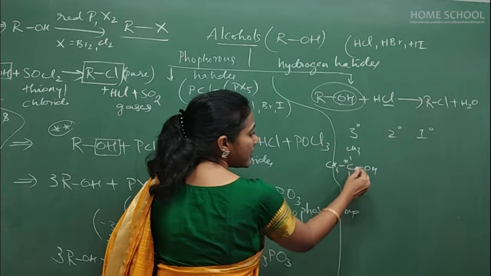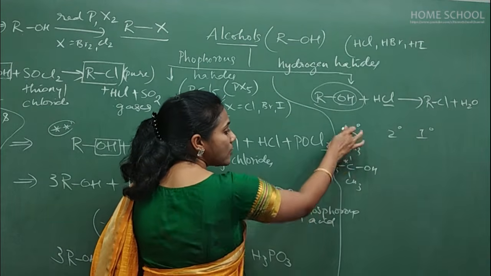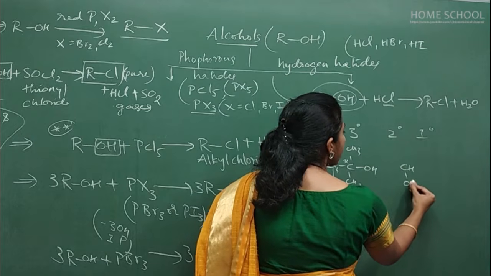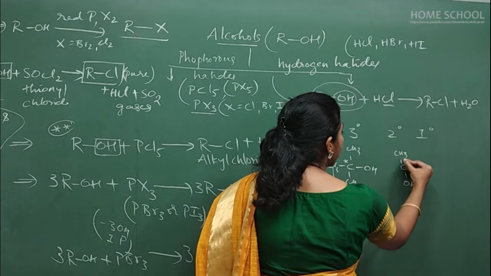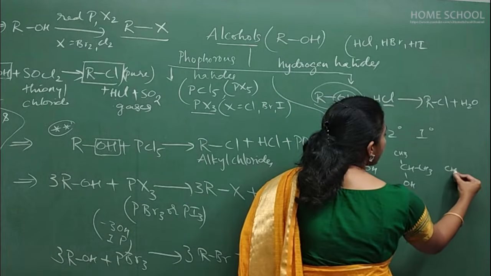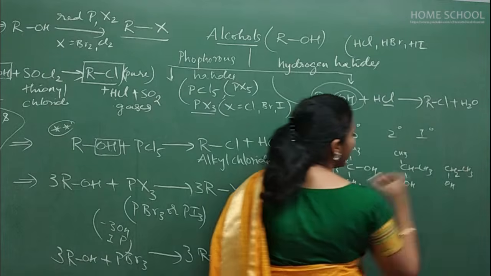So this carbon is a tertiary carbon, right? So OH attached to tertiary carbon is called tertiary alcohol. OH attached to secondary carbon is called secondary alcohol. OH attached to primary carbon is called primary alcohol.